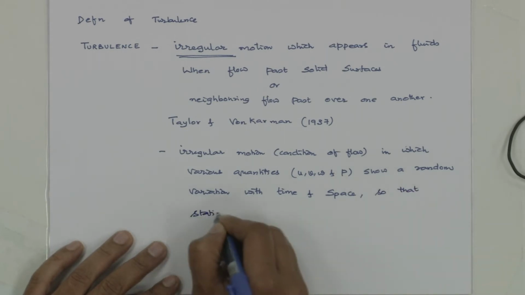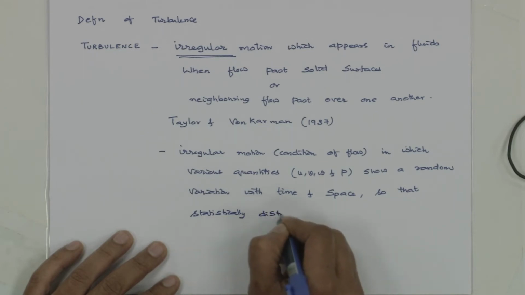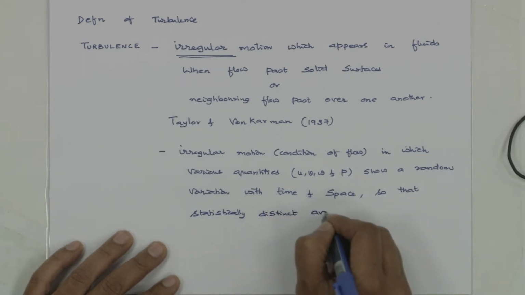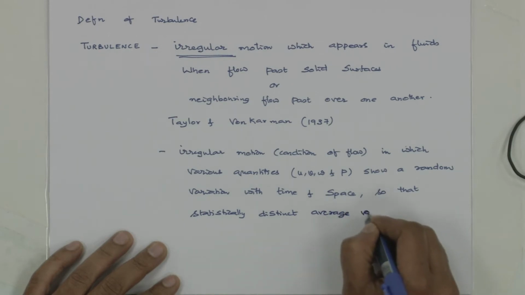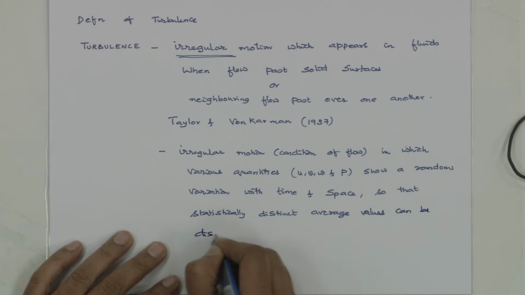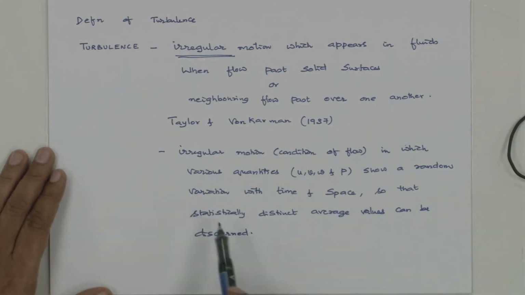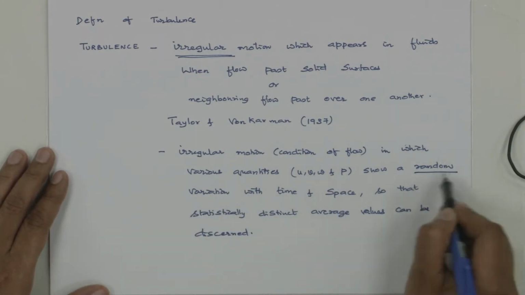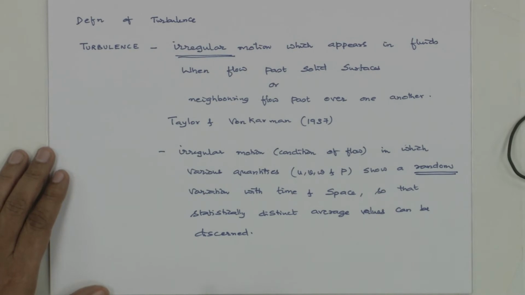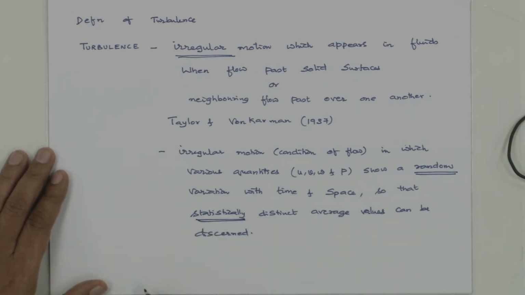So that this definition helps us so that statistically distinct average values can be discerned. The first definition was highly chaotic, but in the second definition, the usage of the word random has helped us to use statistics to define average values.